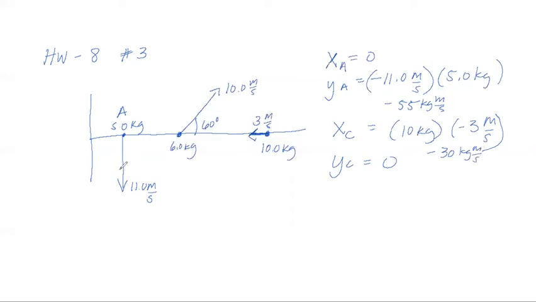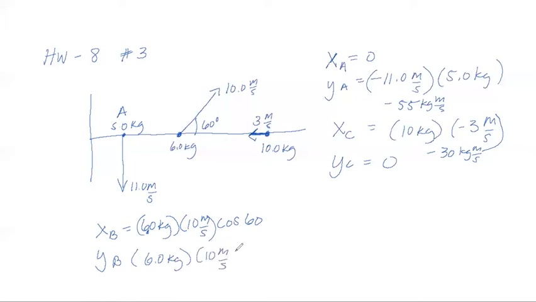All right, and finally, B and C. X sub B is going to be equal to 6.0 kg times 10 meters per second times cos 60. And Y sub B is going to be equal to 6.0 kg times 10 meters per second times sine of 60.